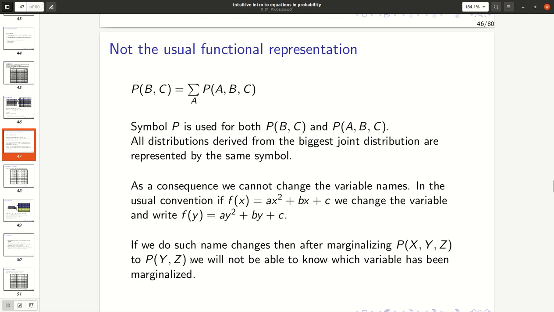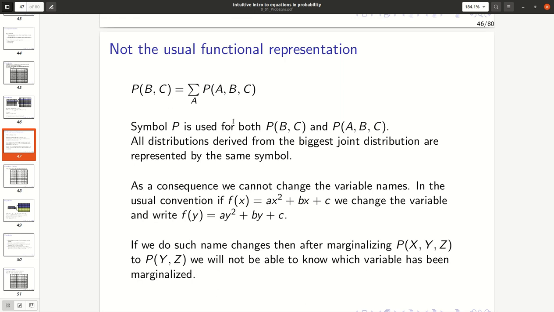So we have to stick to using a variable for the particular meaning it was assigned in the beginning. So here, if A indicates the employee leaving late the previous day, then it has to be A throughout all the expressions using this joint table.